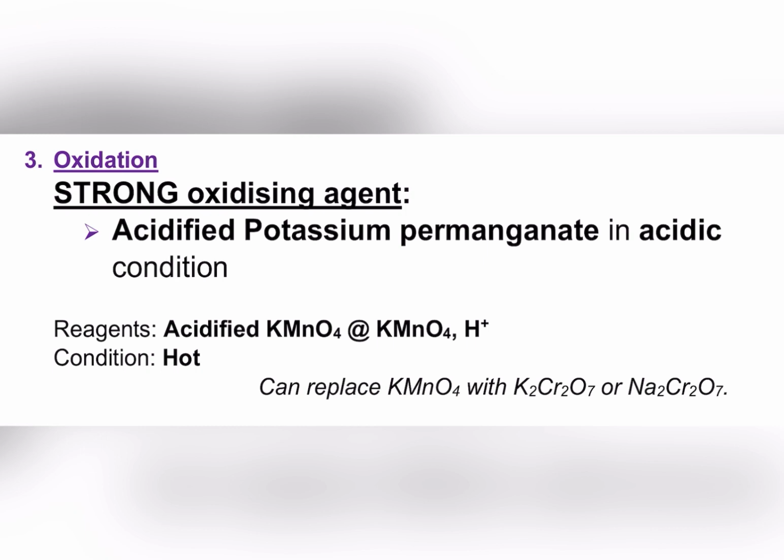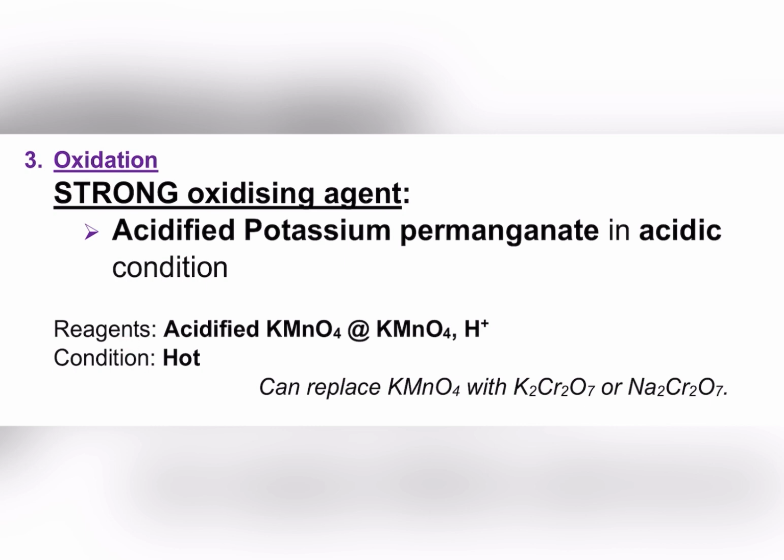Now let's go to oxidation. For oxidation, it is compulsory to use an oxidizing agent. So I'm going to introduce to you the strong oxidizing agent that will be used when you want to do the oxidation. Usually we can use acidified potassium permanganate in acidic condition, and the condition is hot. So how do you write it down?